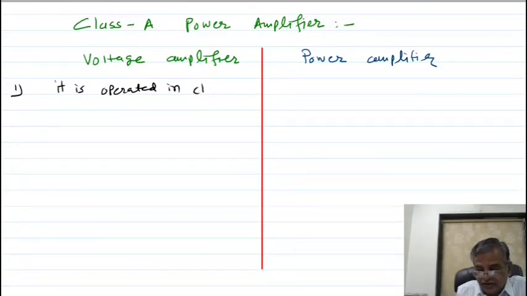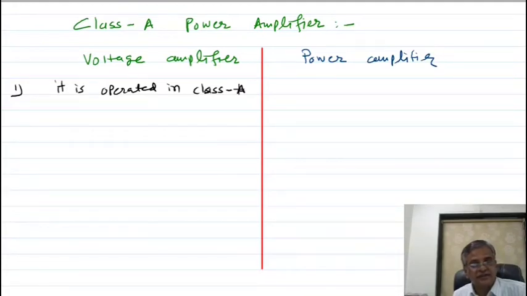Means you must be knowing there are three kinds of operation: class A, class B, class C. Basic three types: class A mode, class B mode, class C. Then more categories: class AB, class B1, B2. So many categories. So we are discussing only that it is operated in a class A mode. Voltage amplifier is always operated in a class A mode.